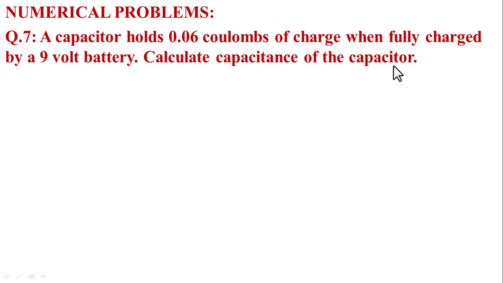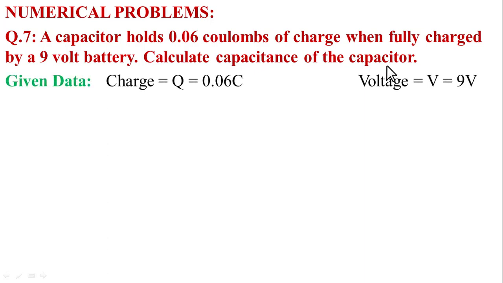According to the given statement, write the given data. Charge Q is equal to 0.06 coulomb and voltage V is equal to 9 volt. So we require capacitance C is equal to question mark.